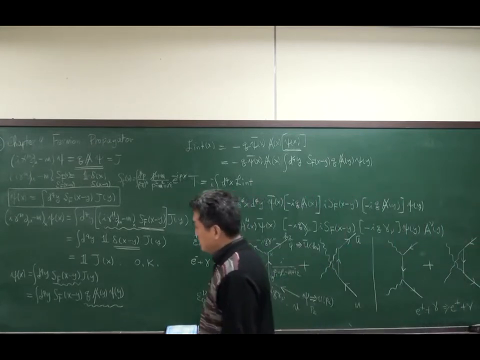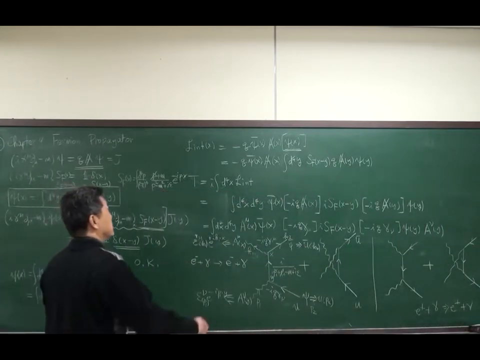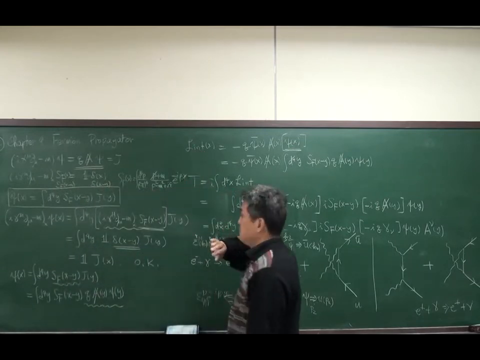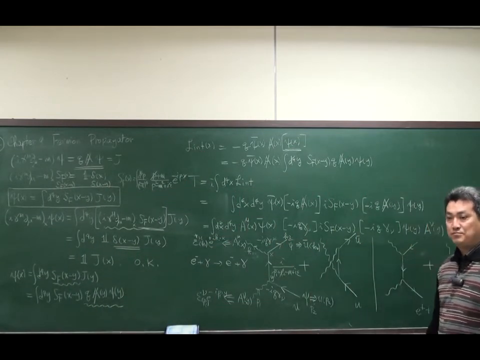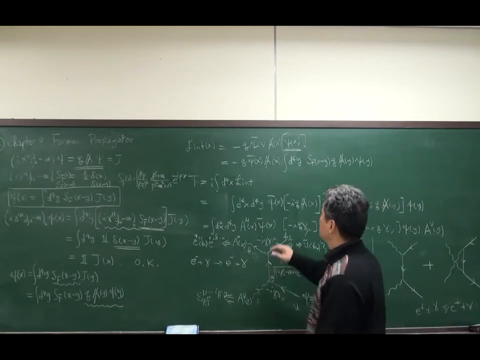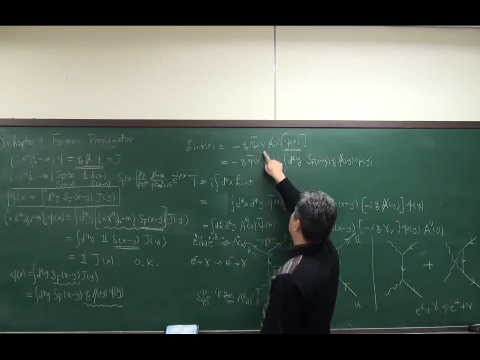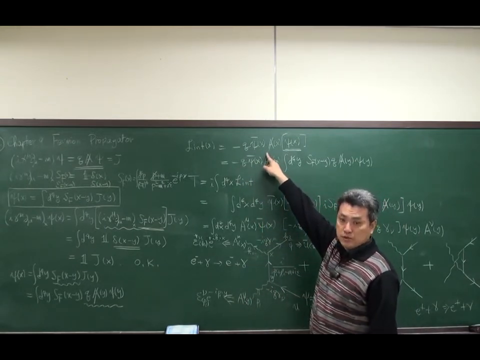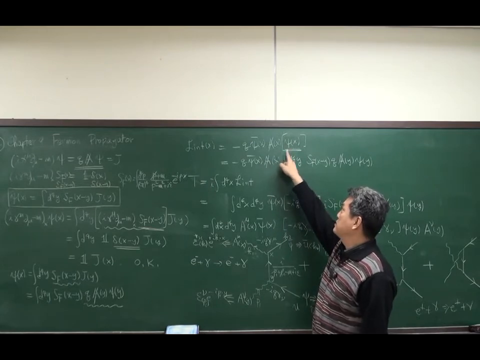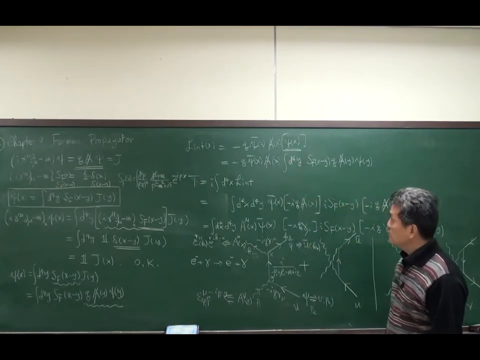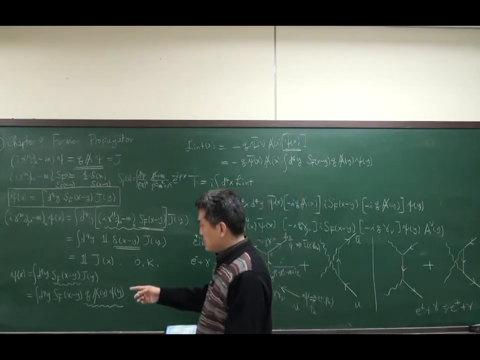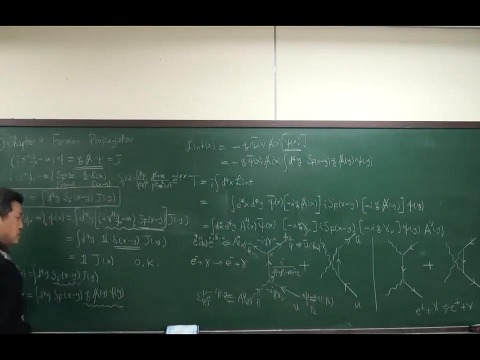All right. By the way, what was the Lagrangian density at point x? At point x, it is minus q psi bar(x) A-slash(x) psi(x). Let us substitute this result for psi of x in there.